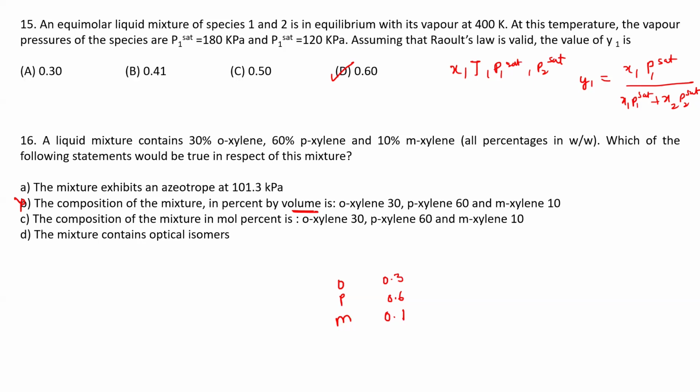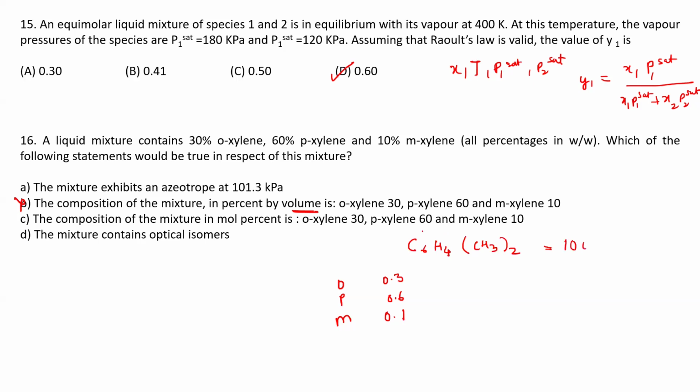To find the mole percent, first we need to find the total number of moles. Xylene is C6H4 with two CH3 attachments, and its molecular weight is 106 kg per kmol.